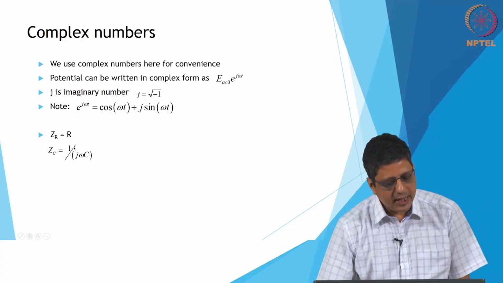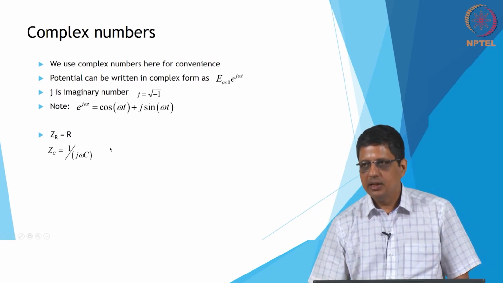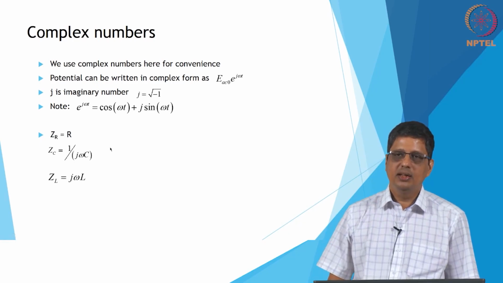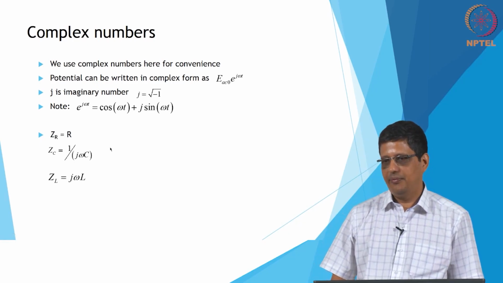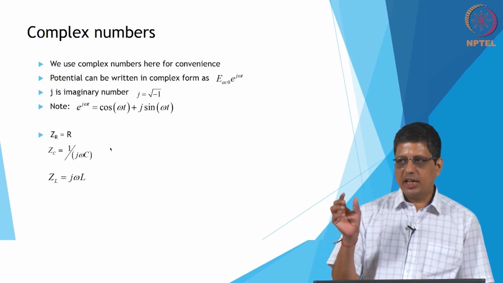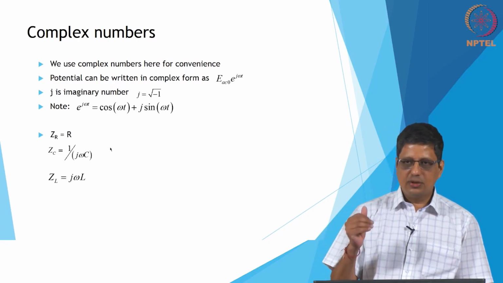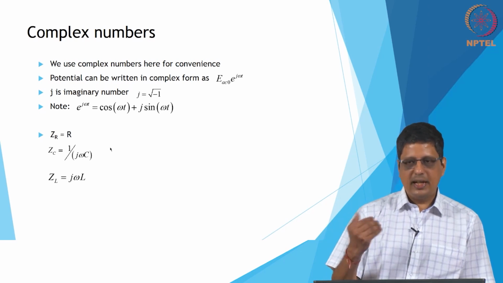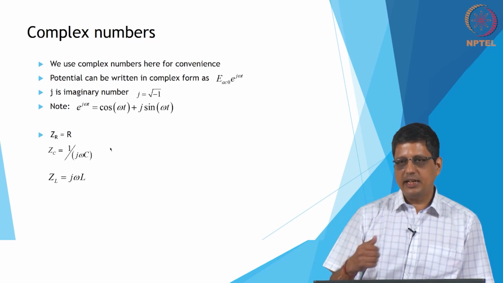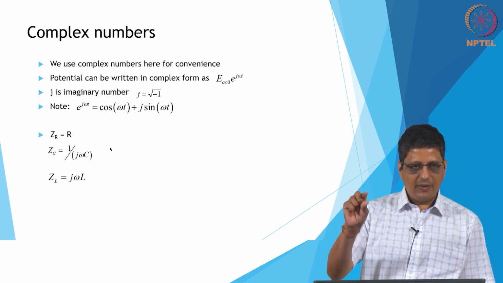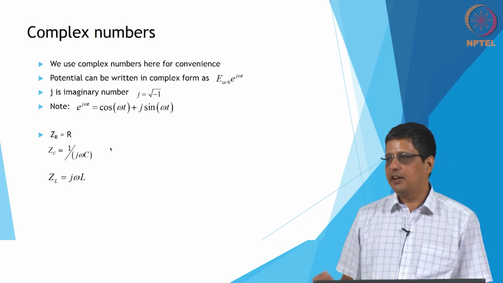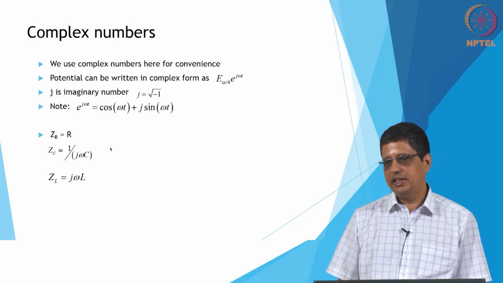So, impedance is given by 1 by j omega C, and the impedance of an inductor is given by j omega L. This is just another way of saying the impedance has a magnitude of omega L and the current is going to lag by 90 degrees, so impedance is going to have plus 90 degrees, because it is potential divided by current for the magnitude, and potential phase minus current phase for the phase value.